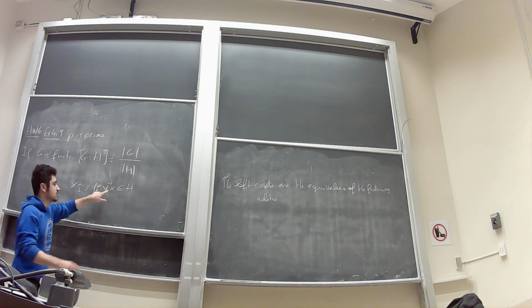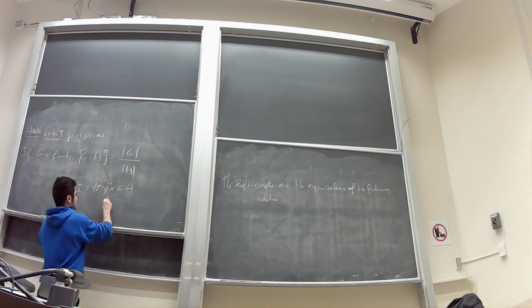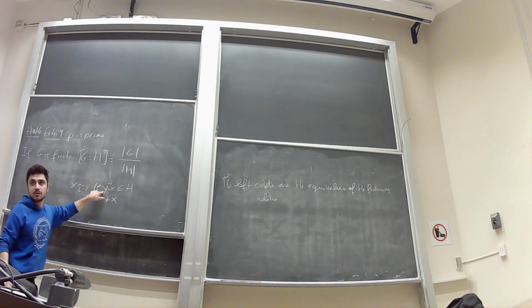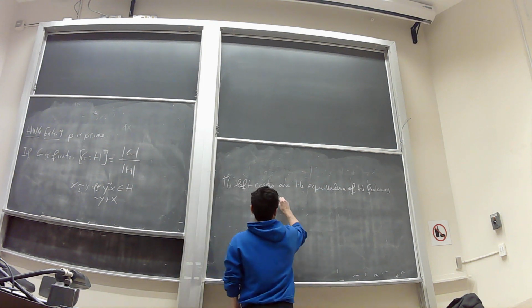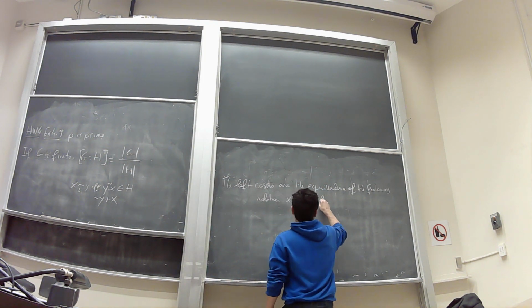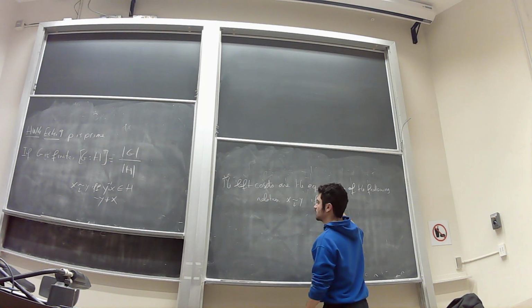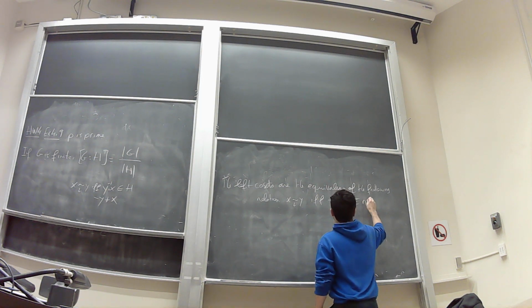I said I'd be dropping the circles, so this circle becomes a plus. And this y inverse, what does it become? Minus y. Right? For the following relation: x is related to y if and only if minus y plus x, or x minus y, belongs to nZ.